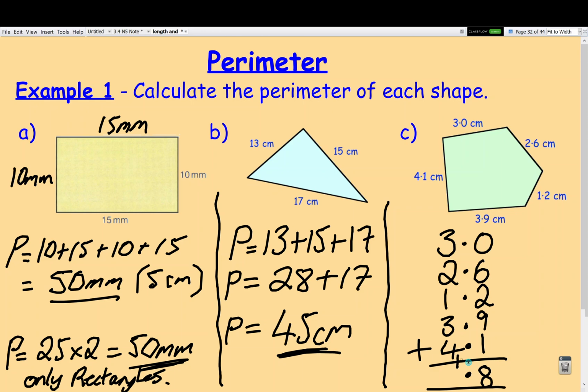And then I'll let you add all those numbers together and write in the final perimeter with my units, which is going to be centimetres. So I'll give you kind of 20 seconds to do that now, please.